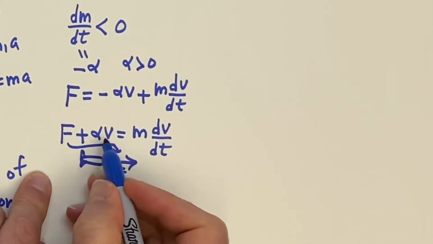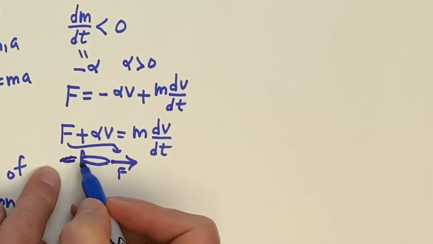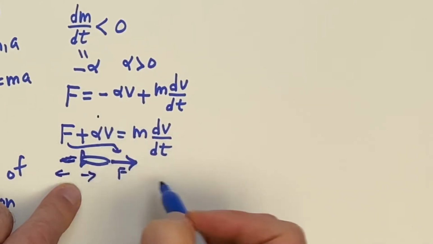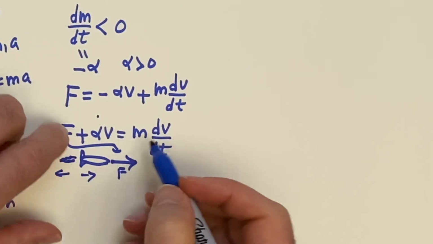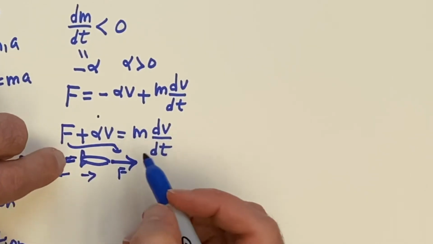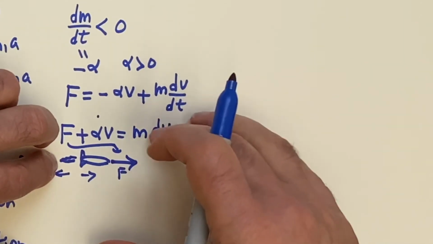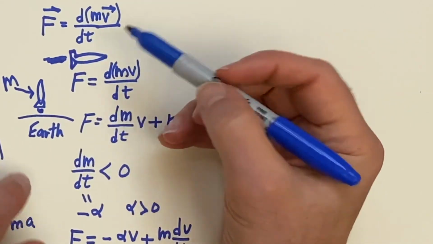That would be this term. But then if you're shooting mass out the back, by action-reaction, you're getting another kick to help the force. So this is an important consideration. Newton's third law is being applied, and it makes sense that this is the way to set things up, and that the mass should be inside that derivative.